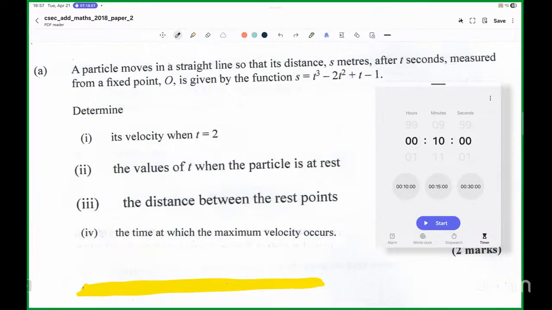We have to establish the expression for the displacement already. I wrote that on screen.